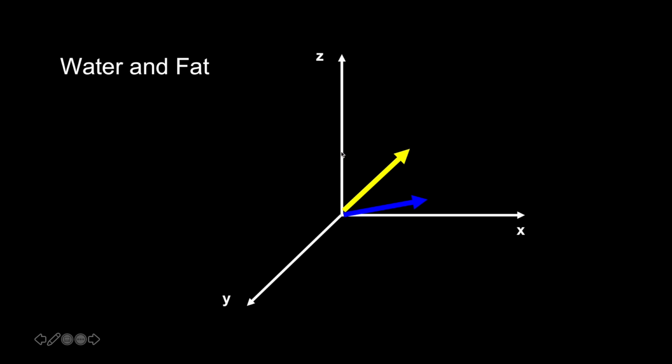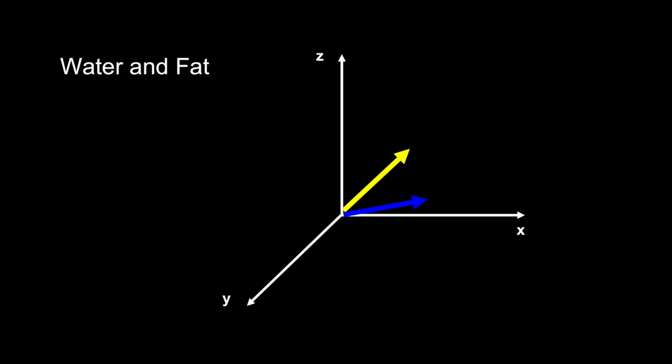The fat has recovered quite a bit more in the z-axis. So when we apply another RF pulse at this point again, the fat is going to have a lot more signal than the water. On pulse sequences that are T1 weighted, fat is going to be very bright, and water is going to look relatively dark.